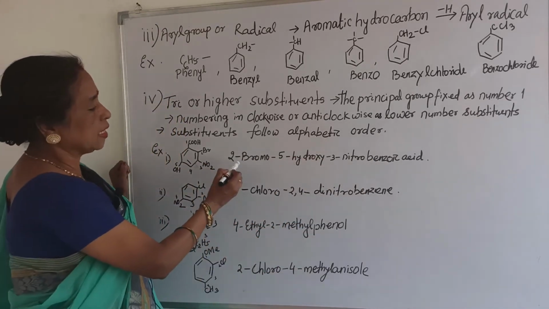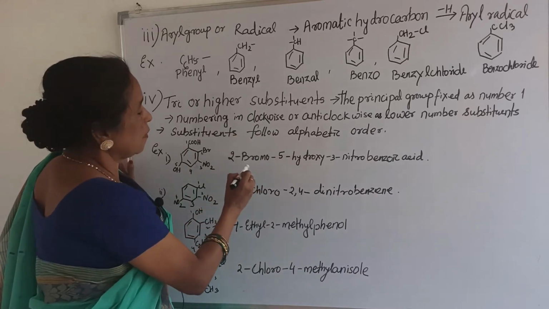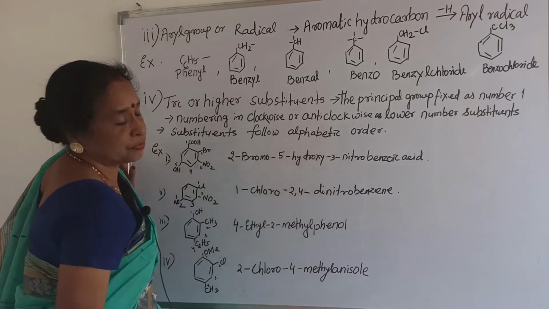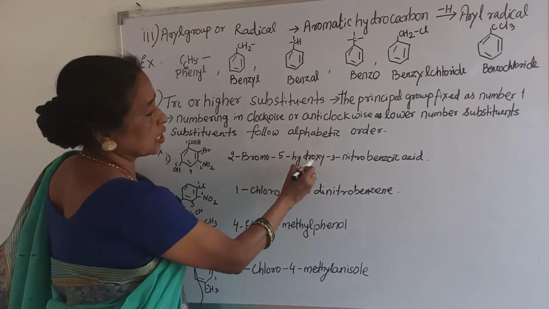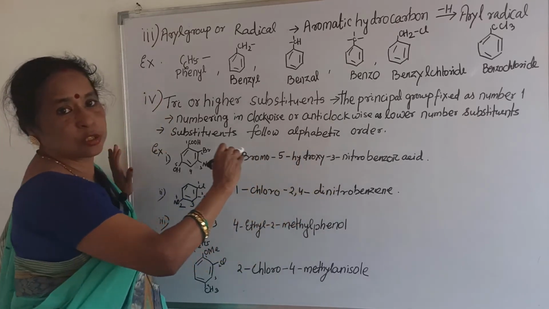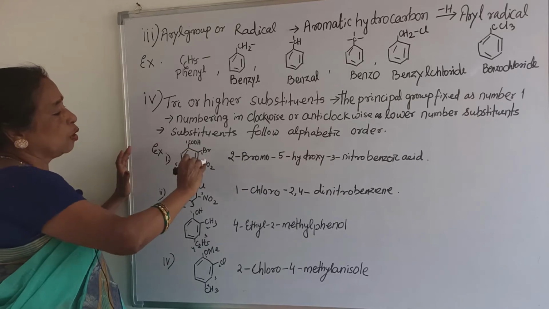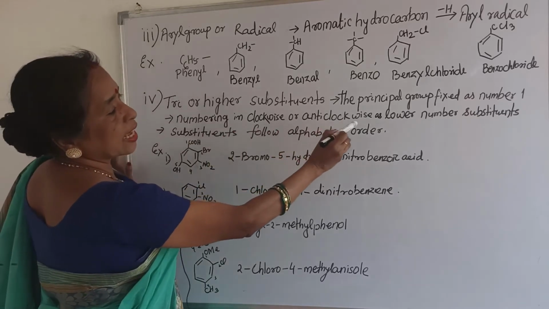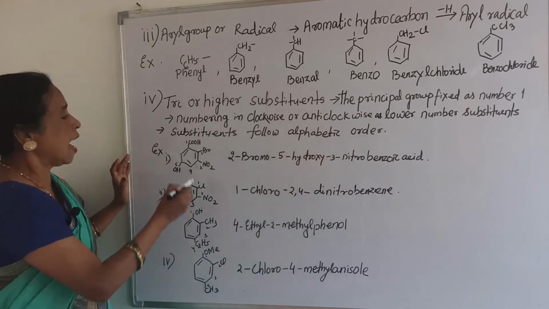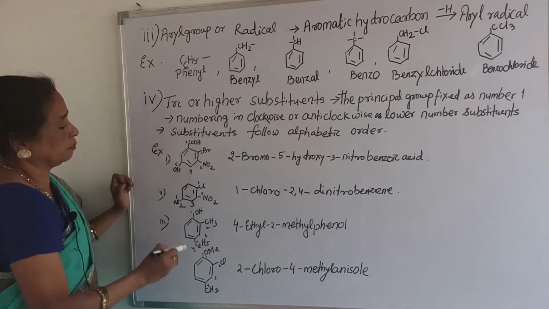And you can observe it also follows alphabetical order: B, H, N, that is bromo, hydroxy, nitro. This also follows the clockwise or anti-clockwise direction having lower number substituents, and this acts as the principal group.